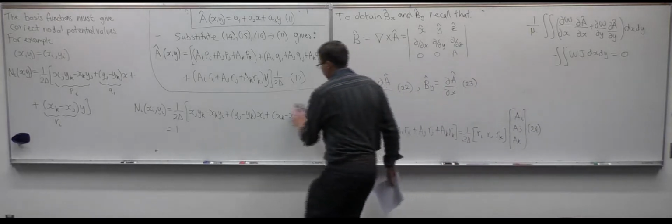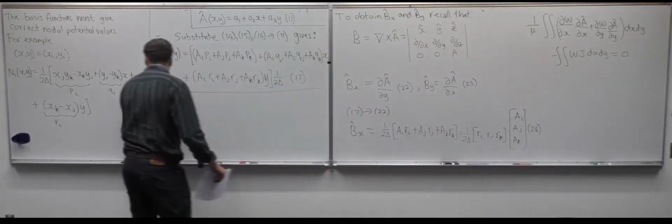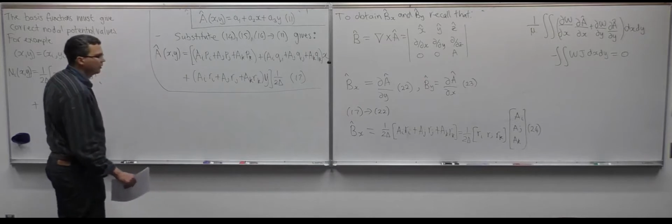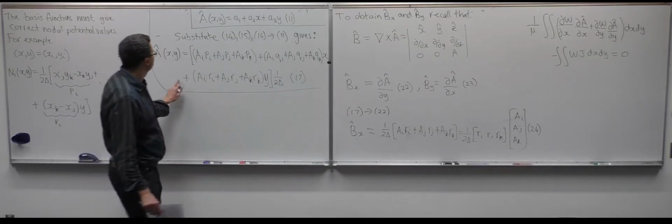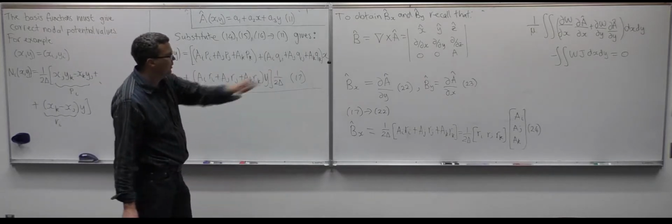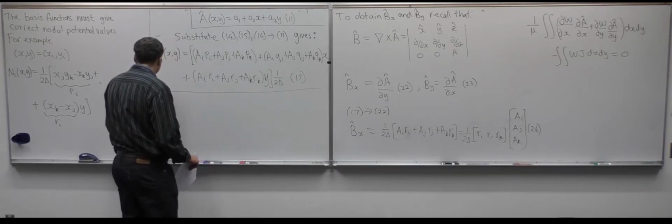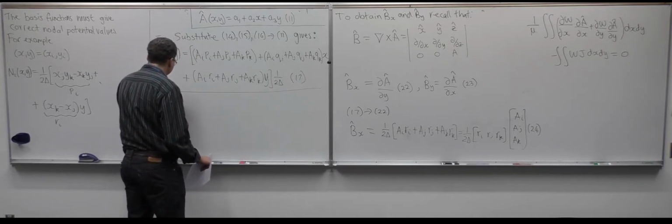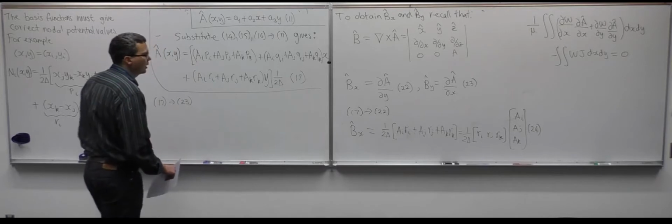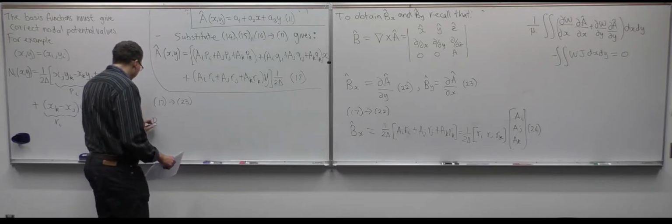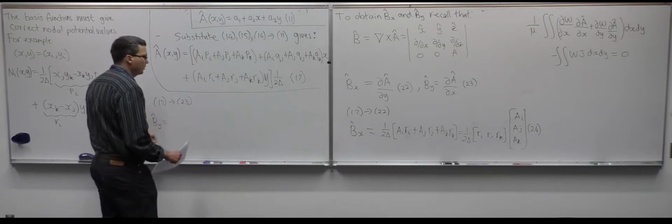And when we do that, if we substitute 17 into 23, that will give us the By trial function.